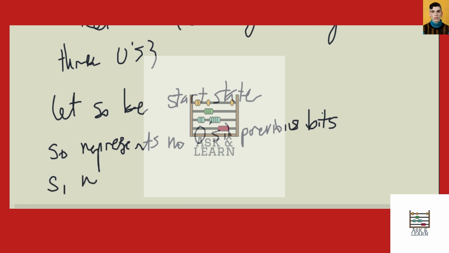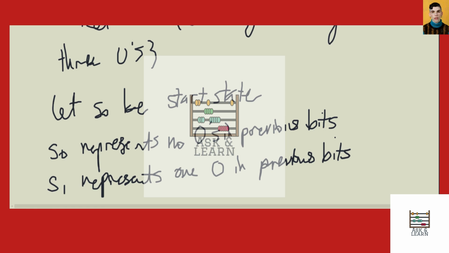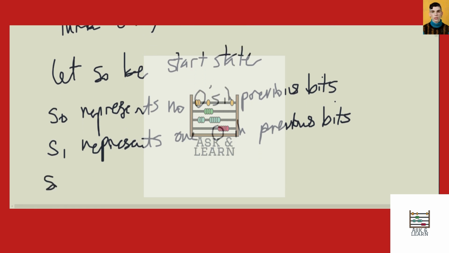S1 is going to represent that there was 1 zero in the previous bits. S2 is going to represent that there were 2 zeros in the previous bits.